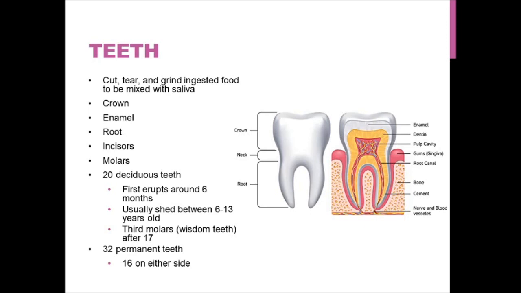There are these rugae, or tiny little folds within the stomach, and that increases its surface area to allow for more to be held within the stomach. Stomach also has gastric glands. It produces gastric juice to allow for more digestion of food.